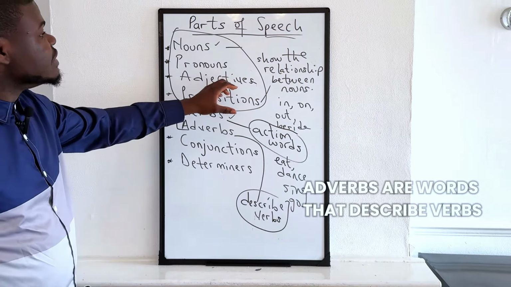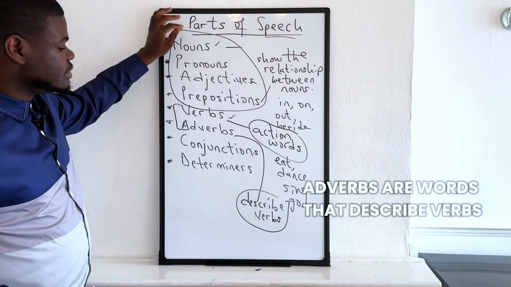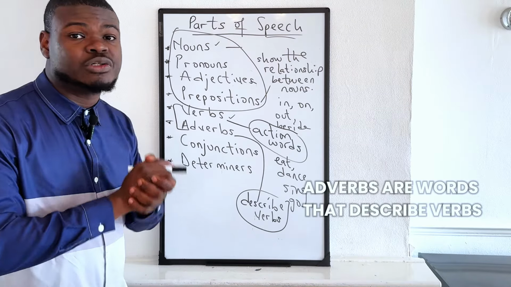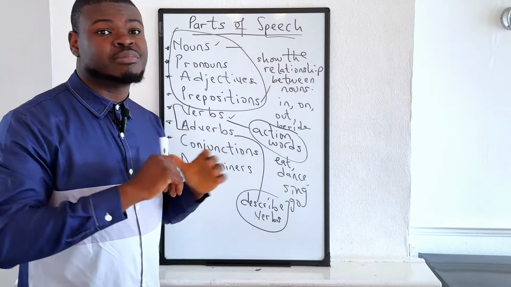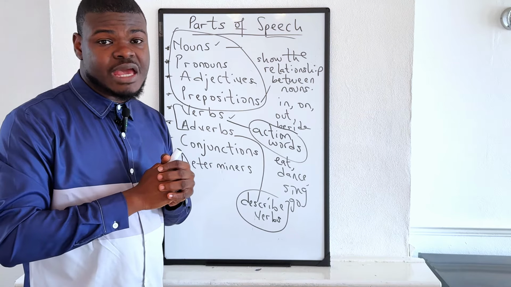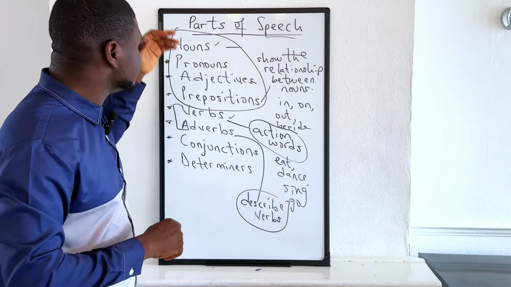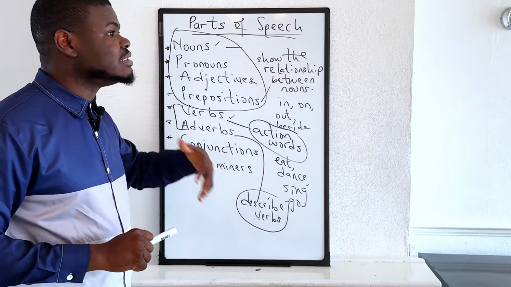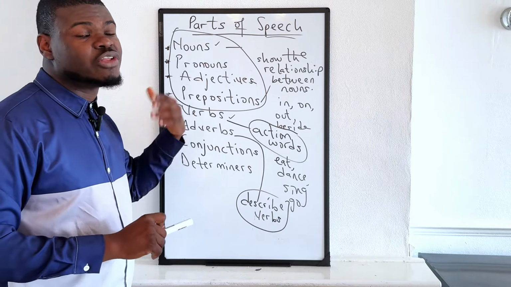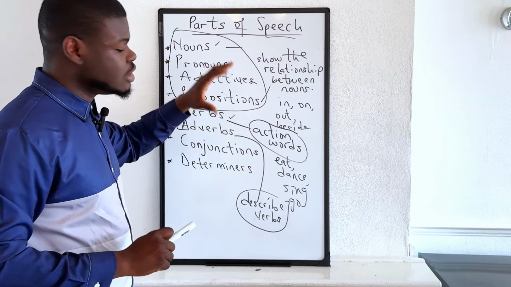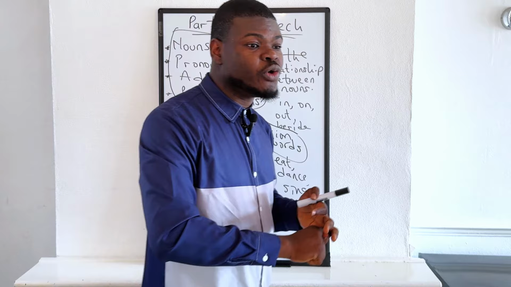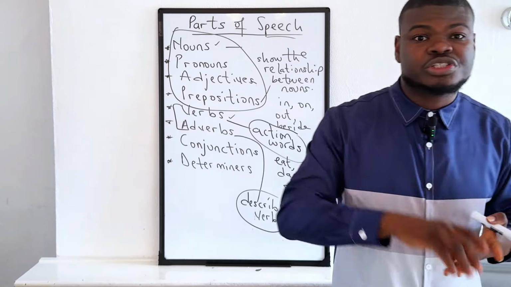So if adjectives tell us more about nouns, adverbs also tell us more about verbs. It's as simple as that. If adjectives tell us the color, the size, the origin, etc. of a noun, adverbs tell us the manner in which the action was done.